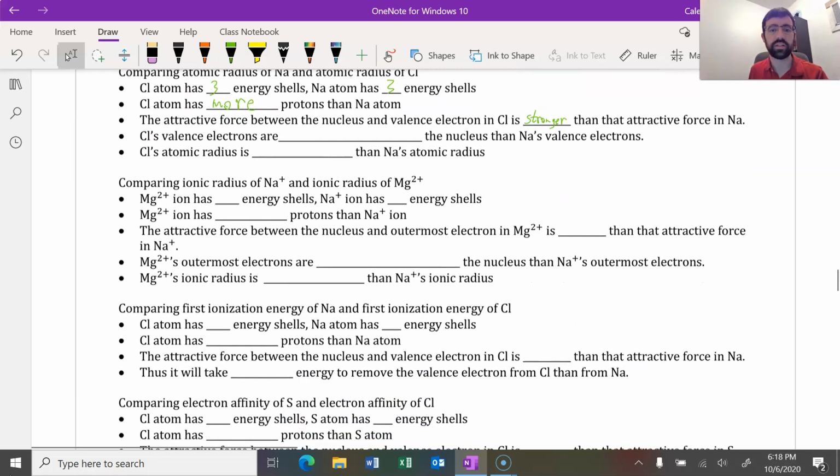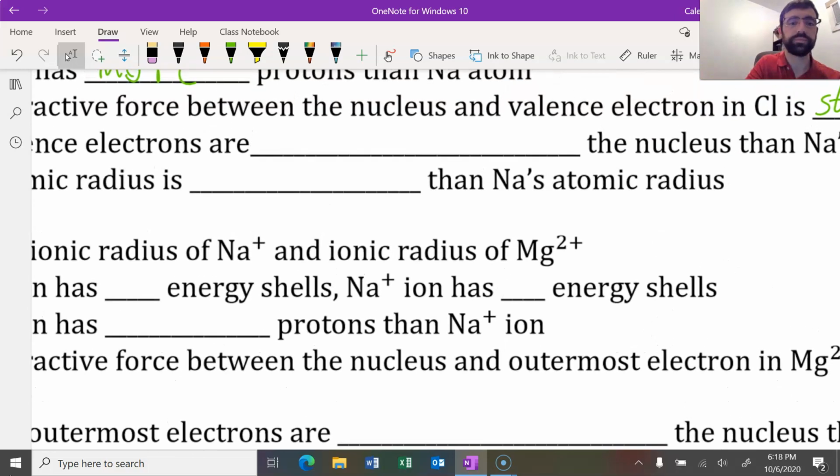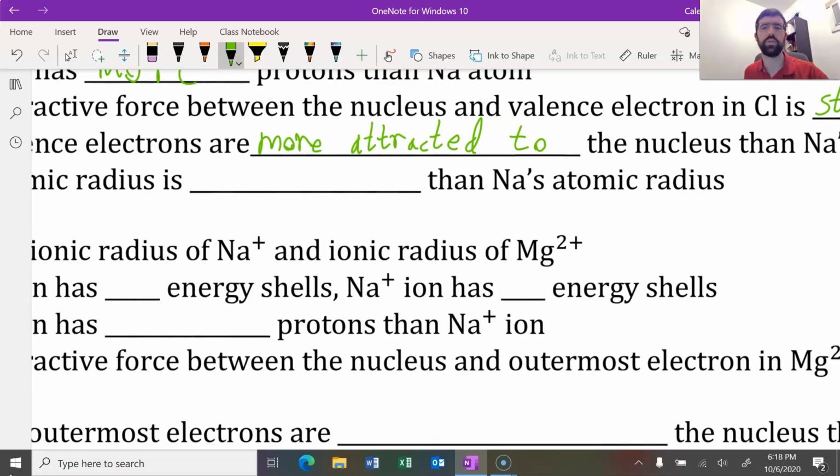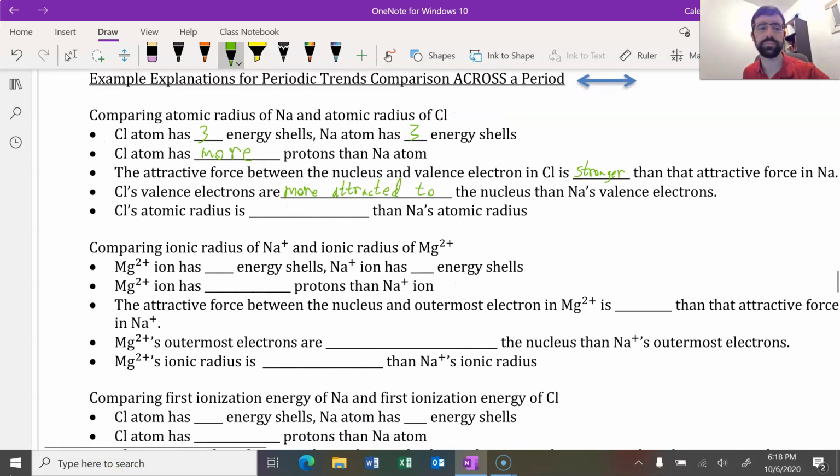So chlorine's valence electrons are more attracted to the nucleus than sodium's valence electrons. They're more tightly bound to the nucleus than sodium's.